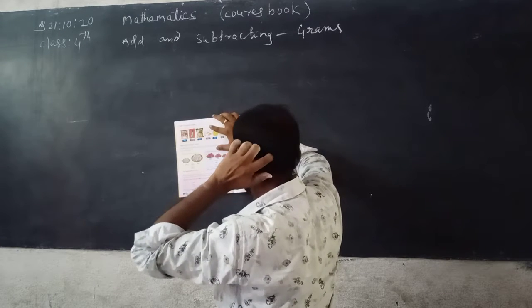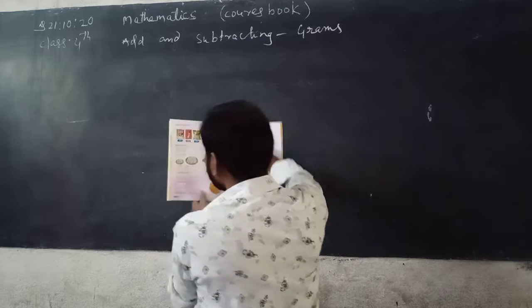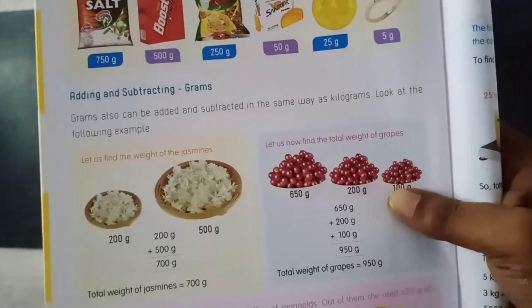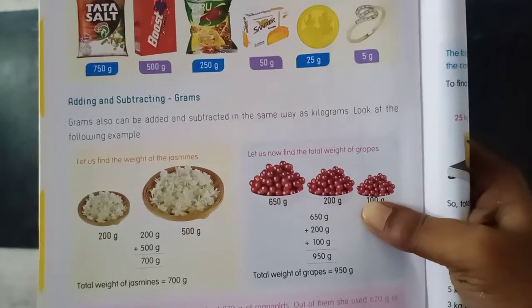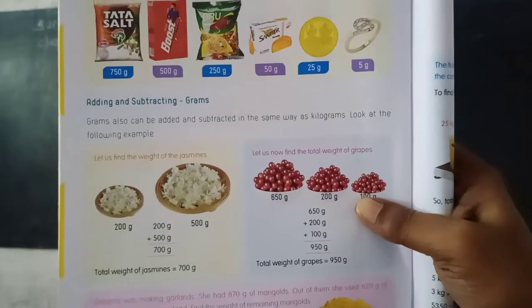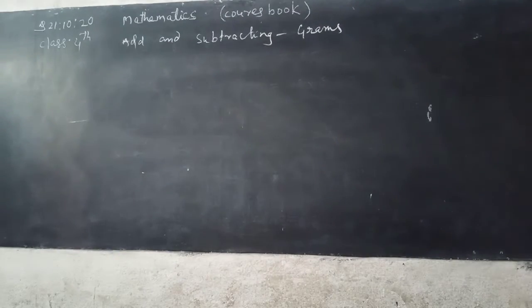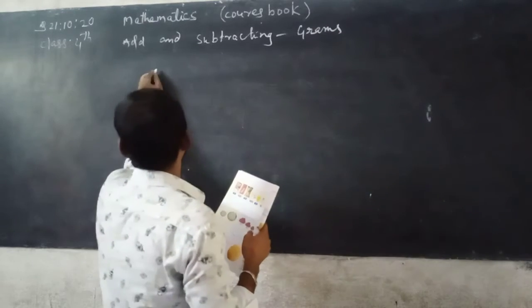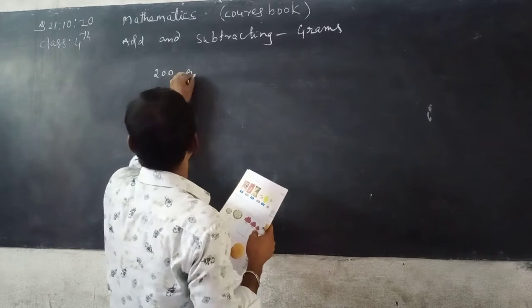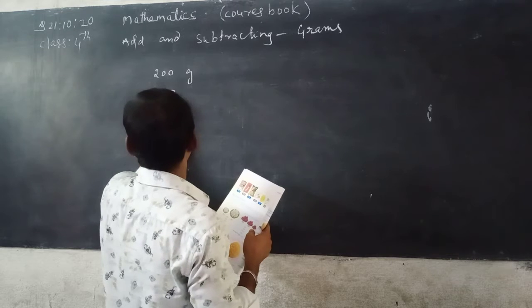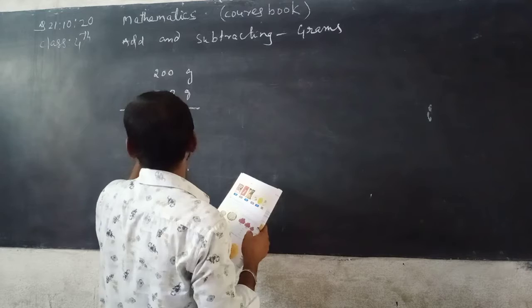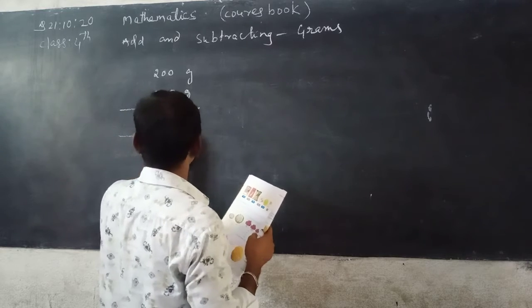From your course book, page number 52, listen. Some jasmines are given: 200 grams of jasmine and 500 grams of jasmine. 200 grams of jasmine plus 500 grams of jasmine equals 0, 0, 2 plus 5, 700 grams of jasmine.